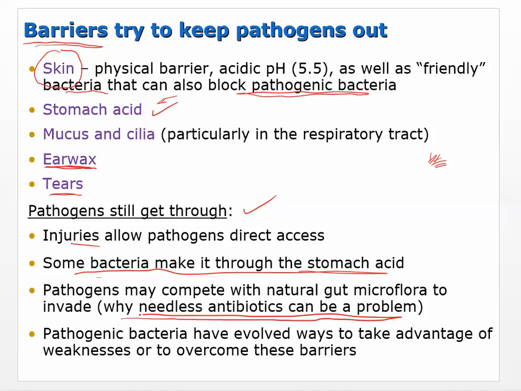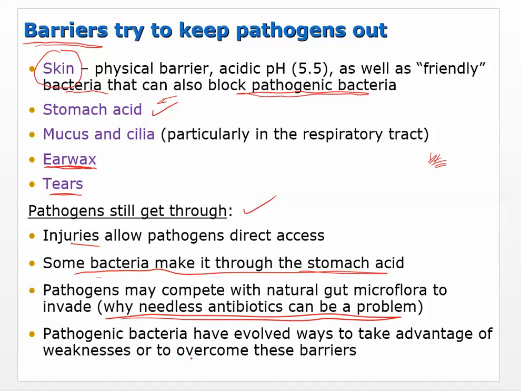We talk a lot about antibiotic resistance, and that's a real problem. But also, if a physician prescribes antibiotics and the person doesn't need antibiotics, they just have a virus or something like that, in many ways, you're not just appeasing the patient, but you may actually be causing more harm than good.